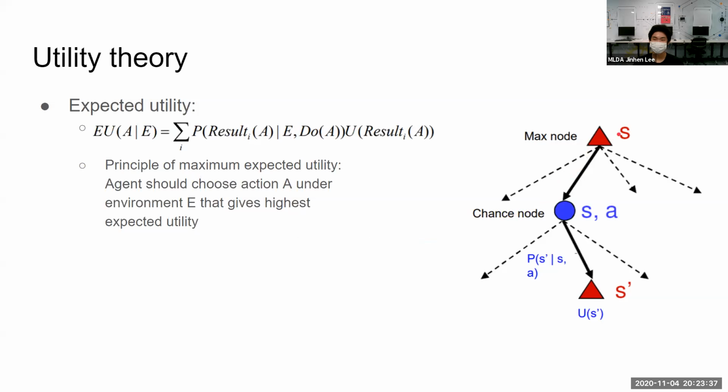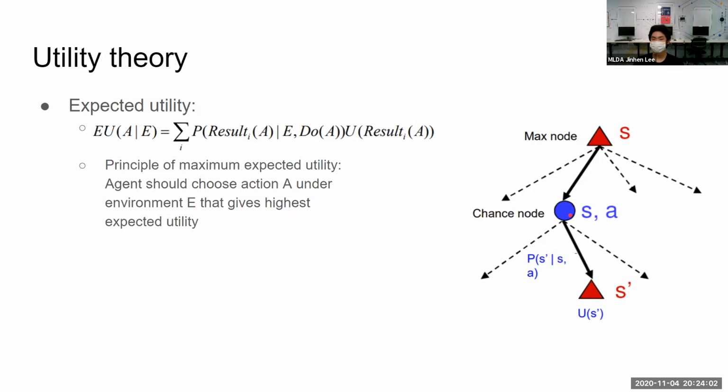Your current state is S, and you have many actions to choose from. This first layer is your actions to choose from, and we'll cover this later. After you have chosen your action, you reach this chance node, and you can also have many outcomes.